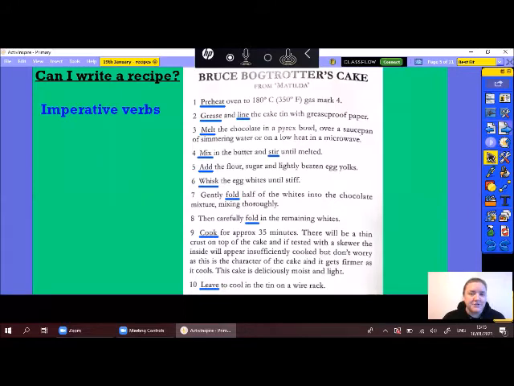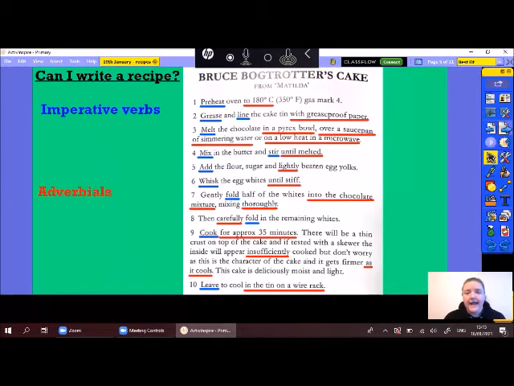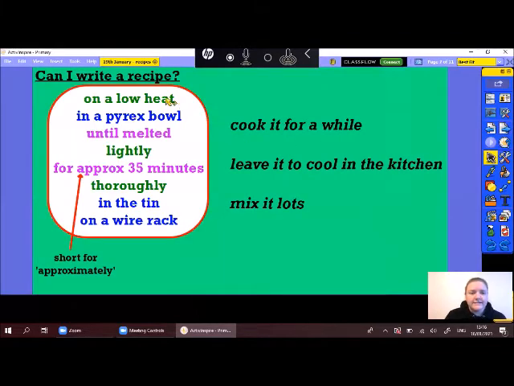The other thing I asked you to look for were adverbials, phrases and words that tell you how, when, or where to do something. And again, in this recipe, there are a lot of them. Let's have a closer look at a few of them. So I've made a list here and I've colour-coded them depending on what type of adverbial they are. So the green ones, on a low heat, lightly and thoroughly, tell you how to do something.